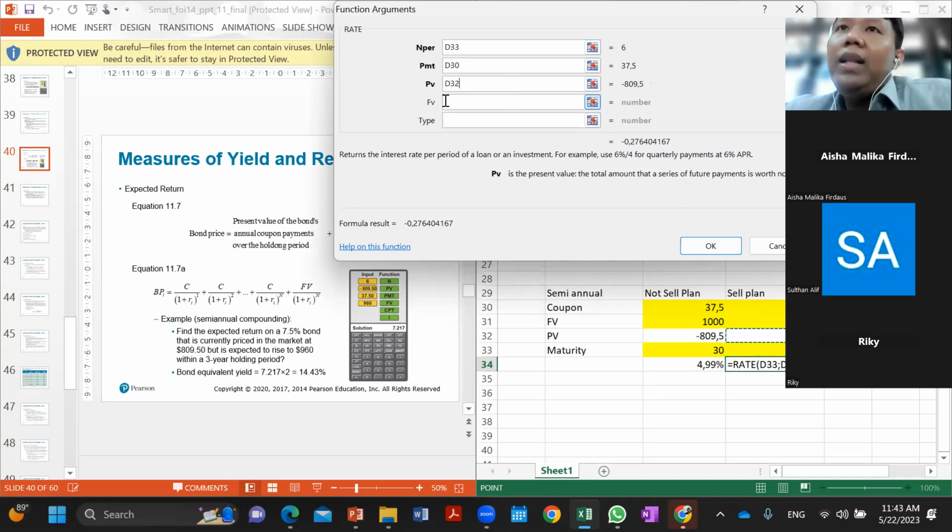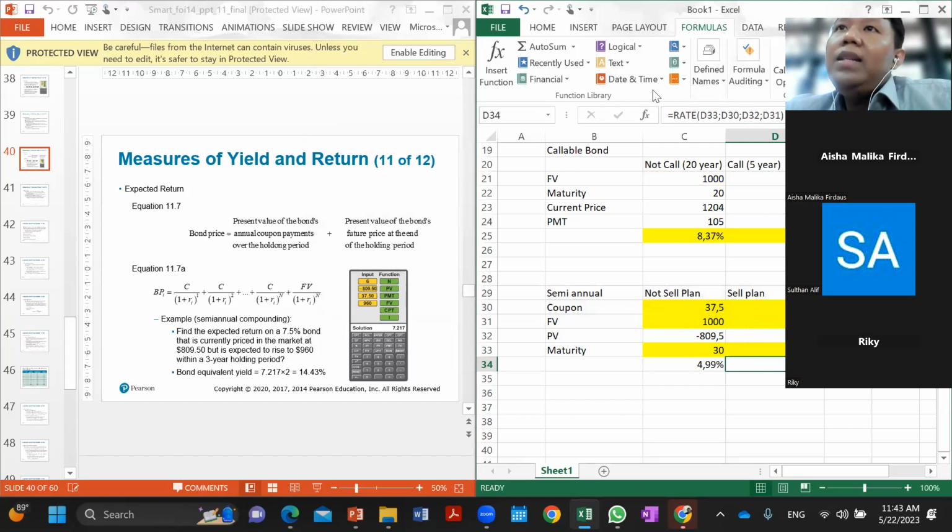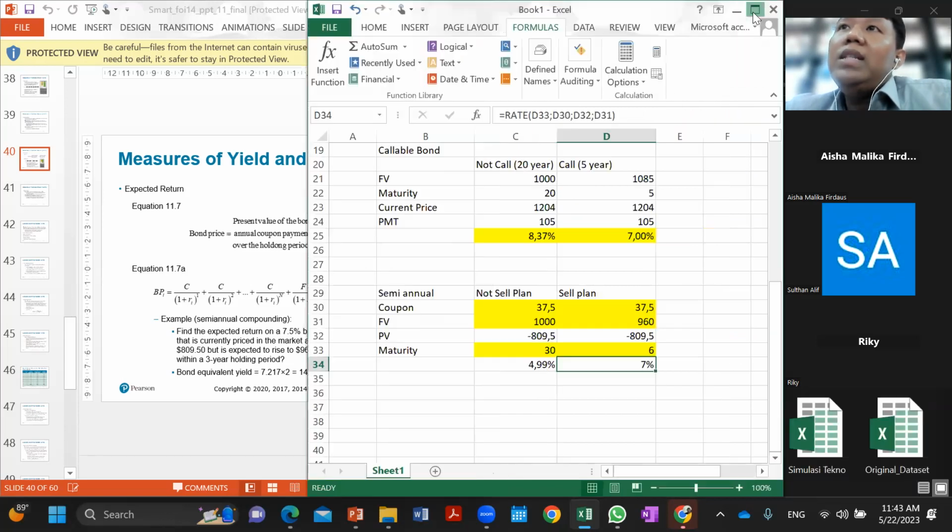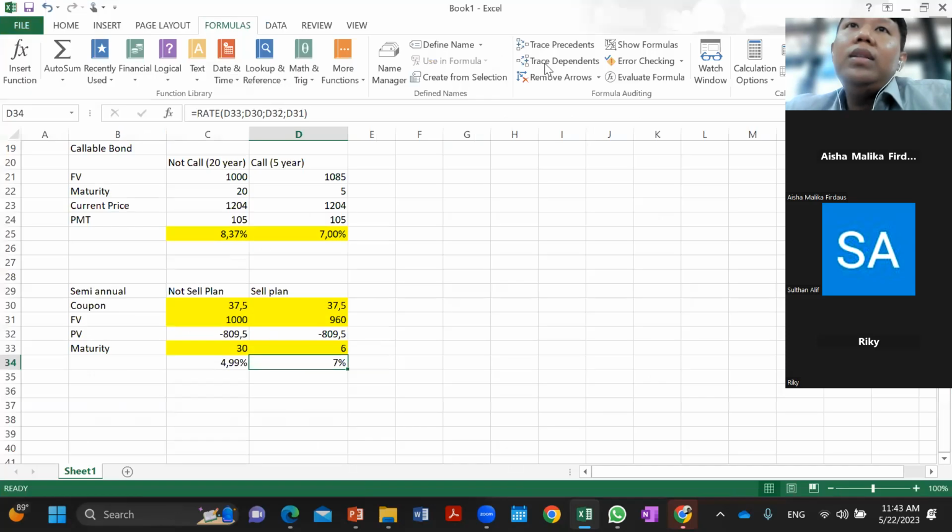Current price in the market is this one, 809.5 with negative sign already. And the future value, you will expect that in the future, after 3 years, the price will increase only to $960. Now you click OK, and this is giving you the semi-annual yield, equivalent yield.